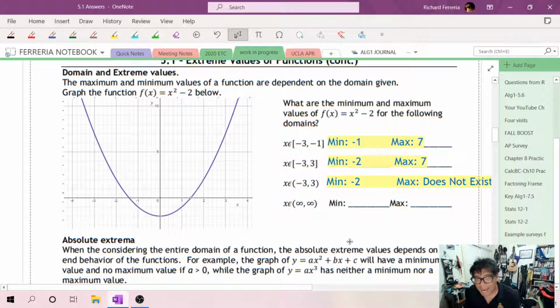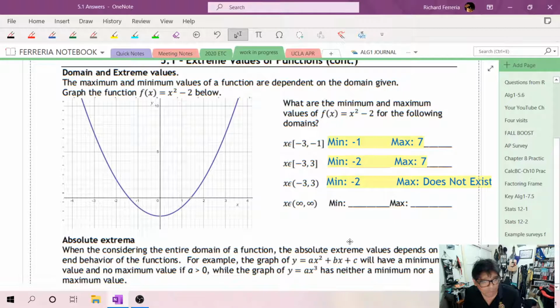So if that maximum value occurs at a place that is not part of the interval, or would have been a part of the interval, then the maximum value does not exist. This happens when you have a hole. This happens if your maximum value happens at a hole. This happens if your maximum value happens at an open endpoint.